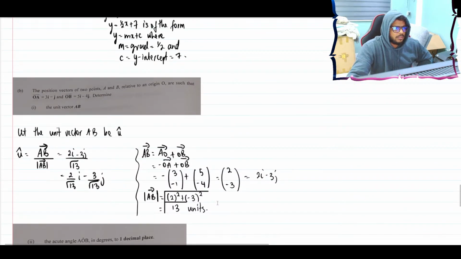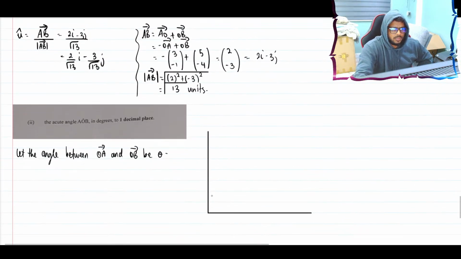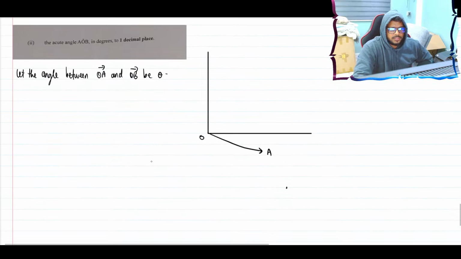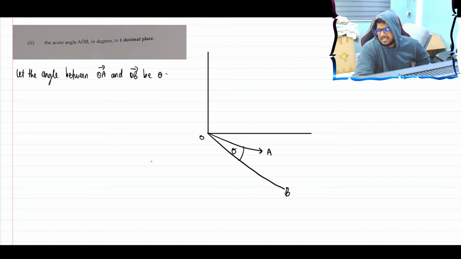OA is 3 minus 1, so that's down here. And OB is 5 minus 4, that is down here. So we end up down here. This is the angle AOB. Sketches are always helpful.